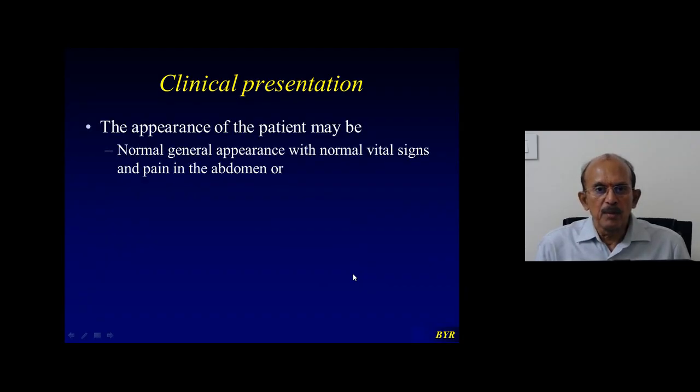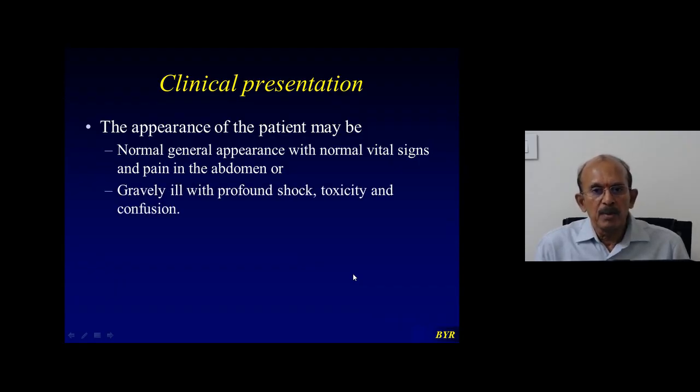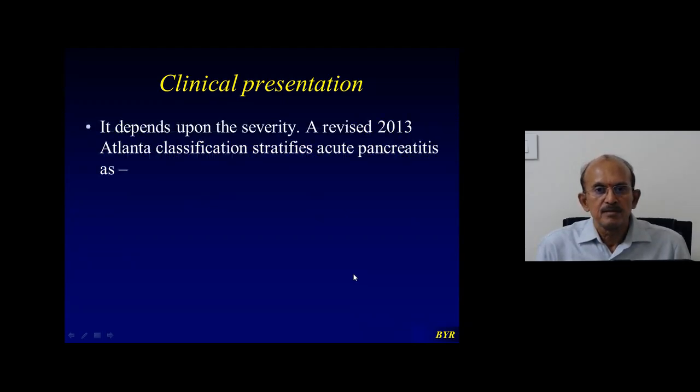So the appearance of the patient may be a normal general appearance with normal vital signs and pain in the abdomen, as in a case of mild acute pancreatitis, or a gravely ill patient with profound shock, toxicity, and confusion in severe cases. So the clinical presentation depends upon the severity.